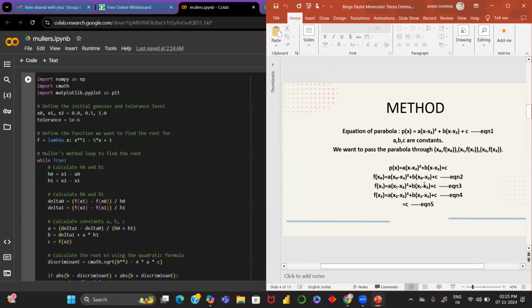I want to understand how you are saying that these are the points and they lie on the parabola. We want to fit these points to a parabola. If this is not right, we do iterations again for finding new roots.